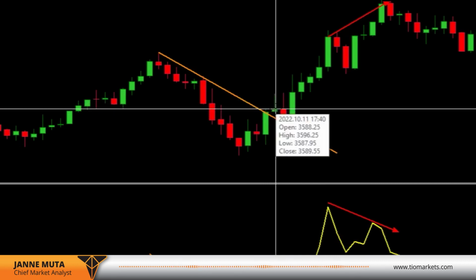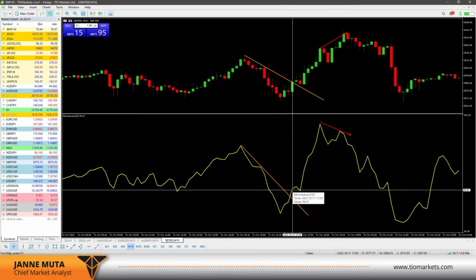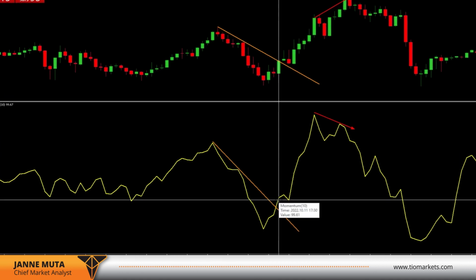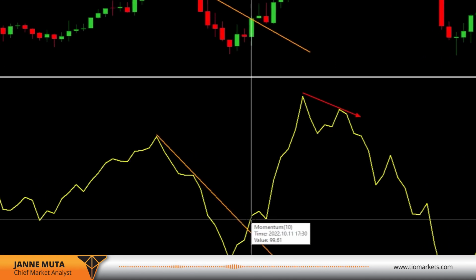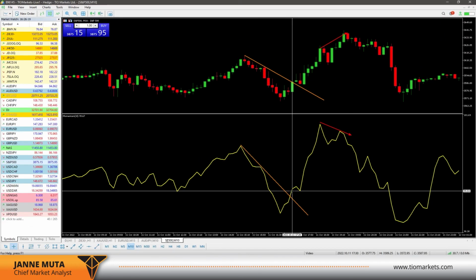But if we look at the trend line drawn on the momentum line, then we have a break above the trend line actually on this candle. Not much of a benefit there in terms of the price, but you get maybe a clearer indication that yes, the market might be changing its direction.